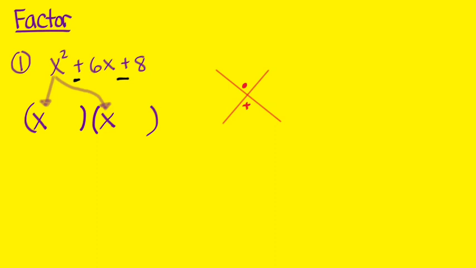So in order to have a positive number when I'm multiplying, it either has to be a positive times a positive or a negative times a negative. And because it's positive on the middle term, I know that both of these terms are going to be positive. So I'm looking for two factors of 8 that add up to be 6.